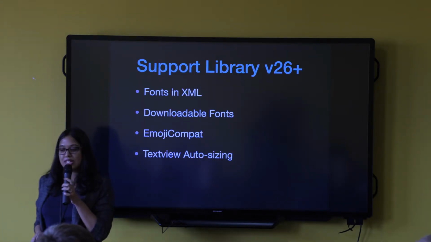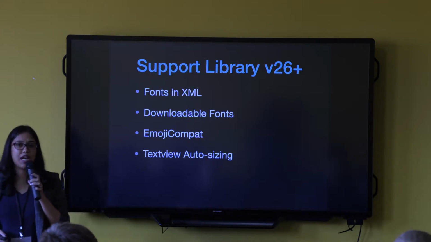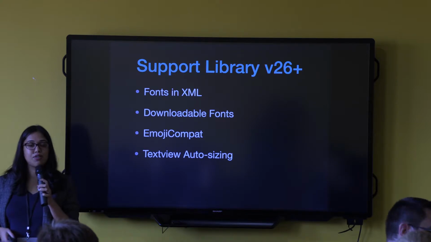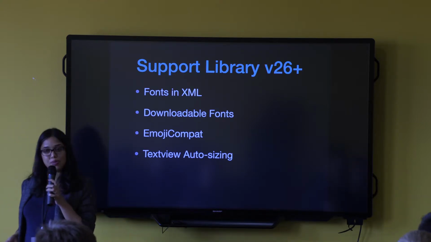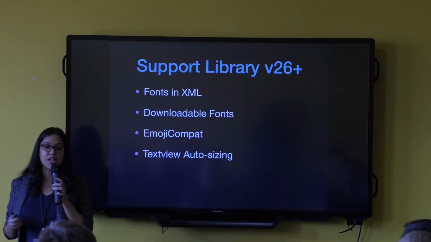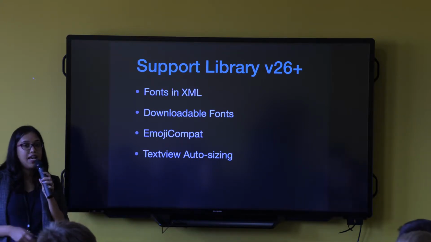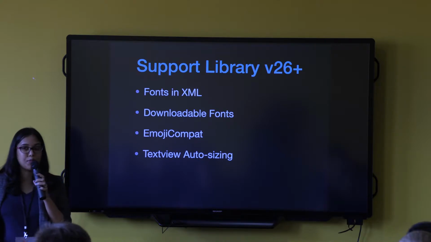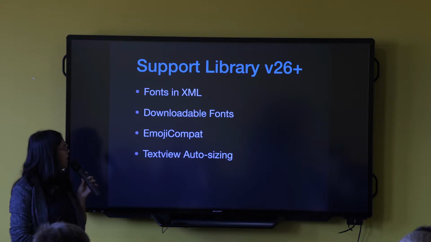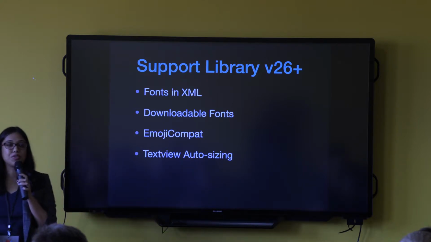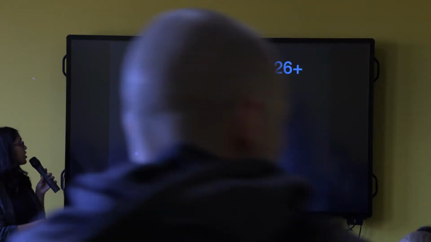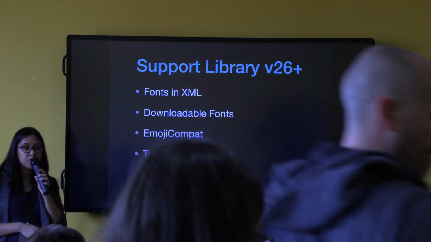More specifically, we're going to learn how to implement custom fonts in your app using fonts in XML and downloadable fonts. We're going to learn how to future-proof emojis using Emoji Compat, and how to have beautiful, readable, dynamic text using TextView auto-sizing. Something interesting to note is that a lot of them can work together. So Emoji Compat can use downloadable fonts.